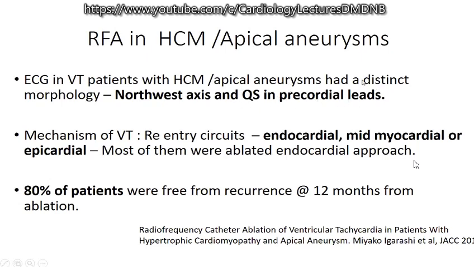Our patient also had a classical ECG pattern, and the mechanism of VT is more often a reentry circuit that arises from the apical aneurysm, and it is a scar-related reentry. So we can approach this scar either endocardially, or an epicardial approach may be required in certain patients. And considering the underlying substrate, which is HCM, there is a high recurrence rate. In this study, the recurrence rate was close to 20% at 1 year, which is an acceptable or satisfactory outcome.